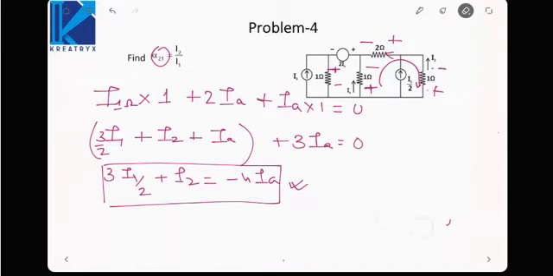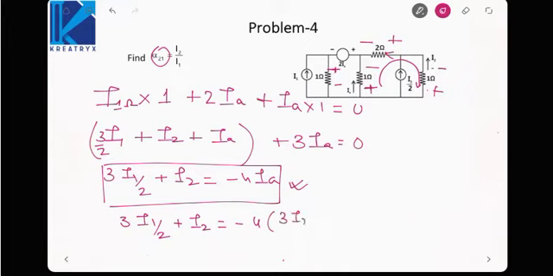That is 3I2 plus I1. So 3I1 by 2 plus I2 equals minus 4 times (3I2 plus I1). Okay. So we will get (3 by 2 plus 4) I1 equal to minus 12 I2 minus I2.